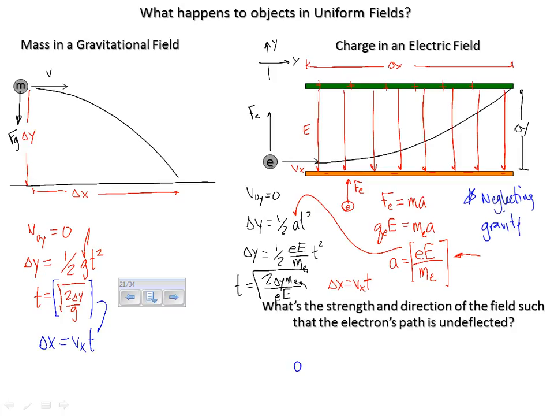But here, if we don't neglect gravity, we can say as this thing moves through the field, well, for sure, there's a gravitational force, Fg, that acts on that electron. We want its path to be undeflected. That means that there's going to be an electrostatic force that points upward.